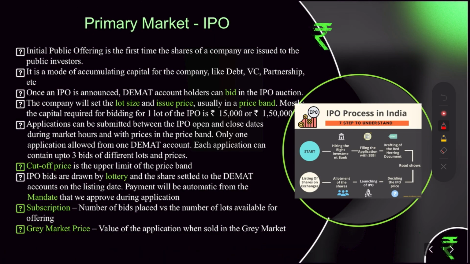So here we are in the primary market. Until now we have discussed the secondary market. So the primary market, also referred to as the IPO market, is the first point of contact between a new public company, any company that is turning public for the first time, and the public.